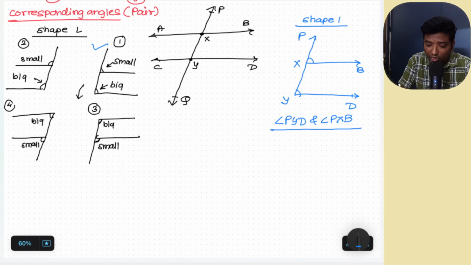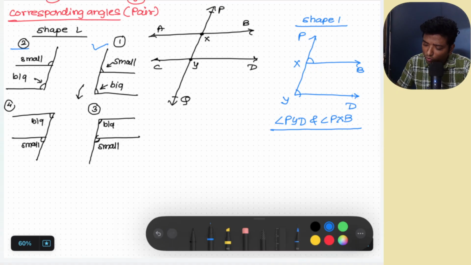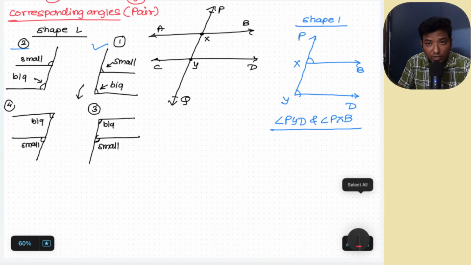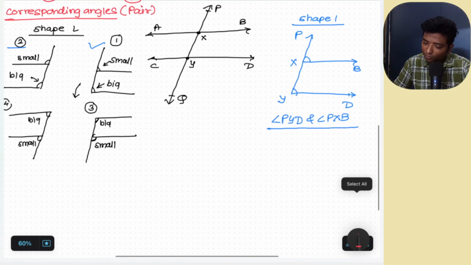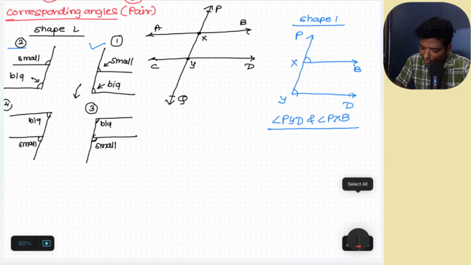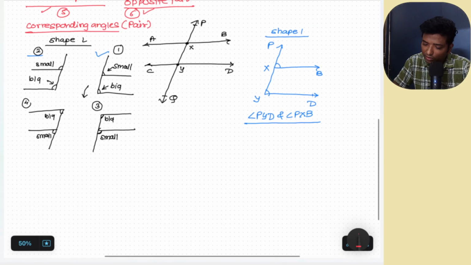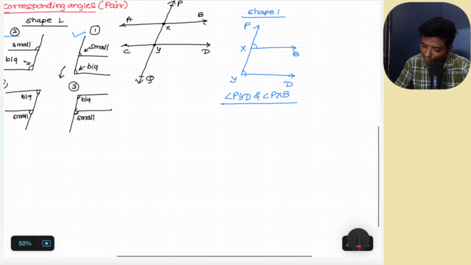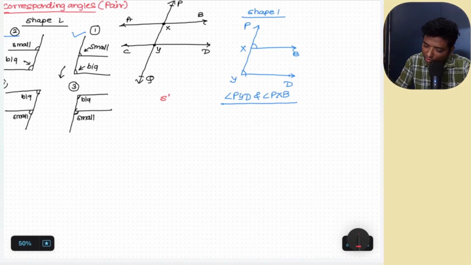We'll go to shape two. Now, can you identify shape two by yourself? Yes, it's quite visible. Now shape two is again visible, right?